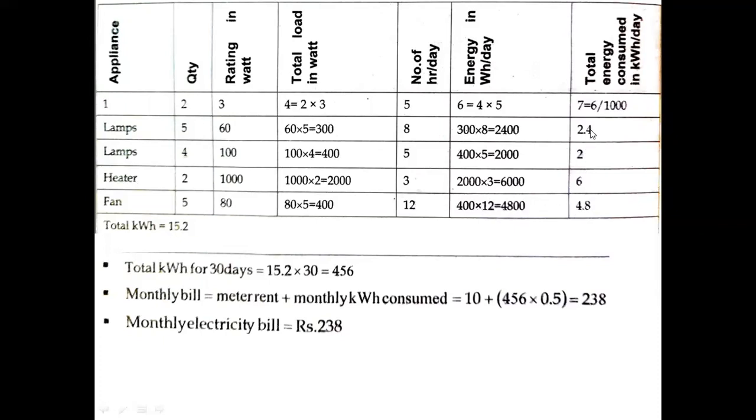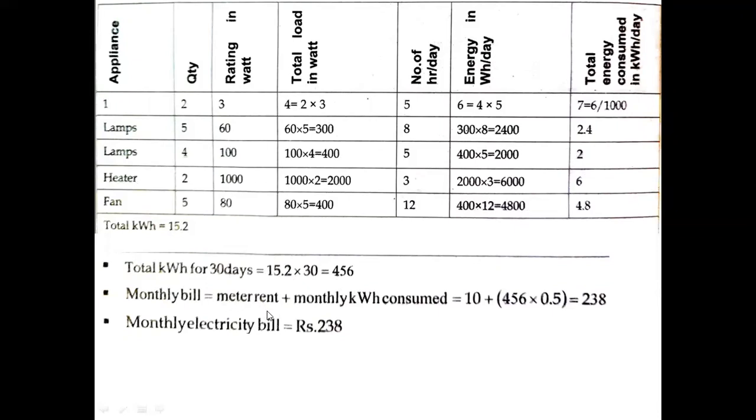Then add all these. 2.4 plus 2 plus 6 plus 4.8, that is 15.2 total kilowatt hour per day. So for 30 days, 15.2 into 30, 456.